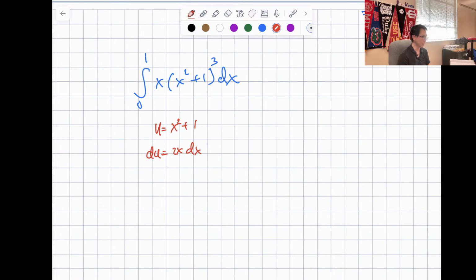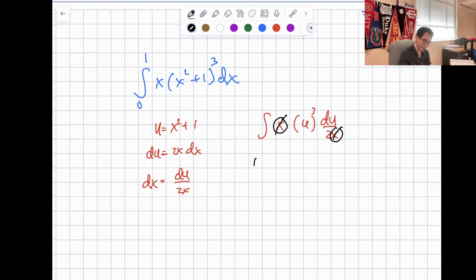Did you solve for dx? Now this one is a definite integral, which is x. You got x squared, so this one is gonna be x, so this is u to the third, right? And this is dx, so du over 2x. Now, do you see what can cancel? And can I take out 1/2?